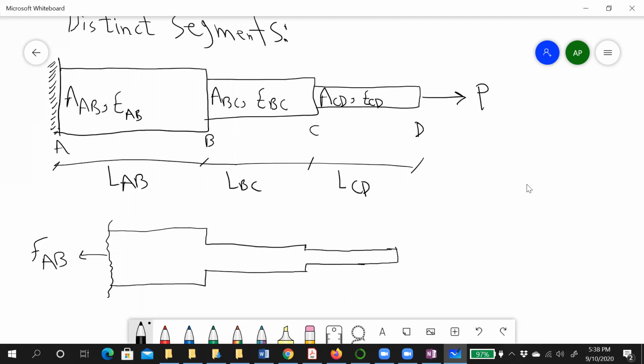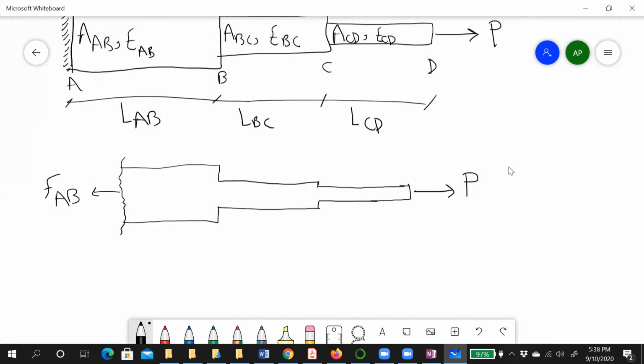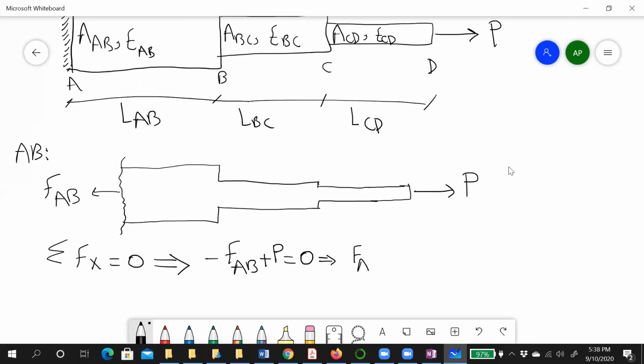I make a section somewhere in the segment AB. For equilibrium, for case AB, the summation of forces in the x direction equals 0. So we have minus FAB, the internal force, plus P equals 0, and then FAB equals P.